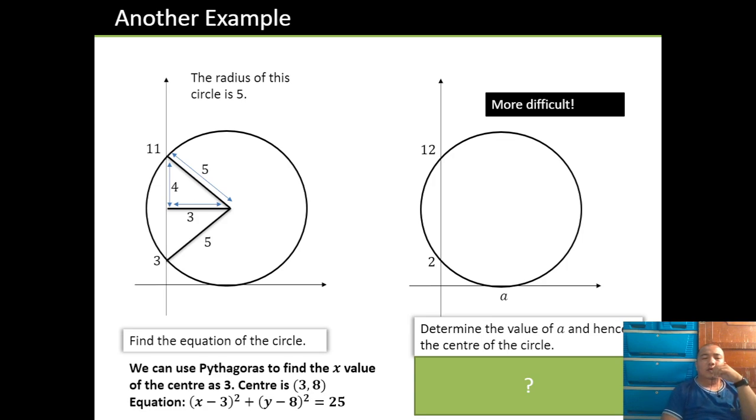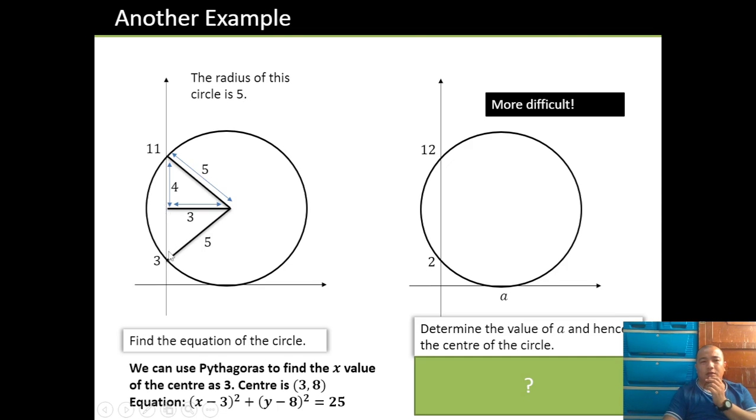You can use the Pythagorean theorem to find the x value of the center as 3. This is (0, 3). This is (0, 11). So, by the Pythagorean theorem, this is 5. This is 4, this is 4. 4 plus 4 is 8. Yes, 11 minus 3 is 8.